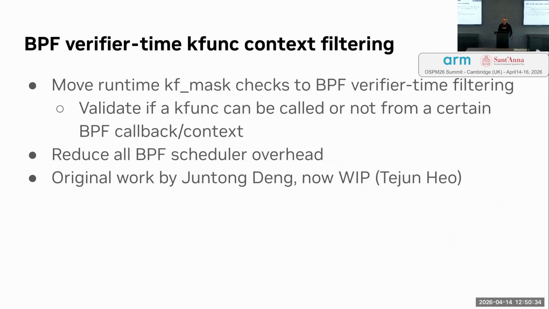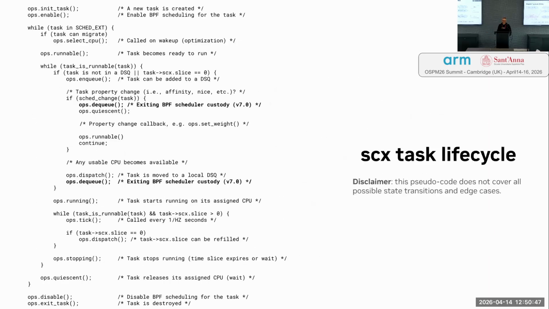There's another thing too. This is also in 7.1. I thought Tejun was sending this later, but it included this one. It's essentially in callbacks. We have all these callbacks, but inside the callbacks you can invoke kfuncs, which are kernel functions. But you can't invoke any arbitrary kfunc from anywhere.